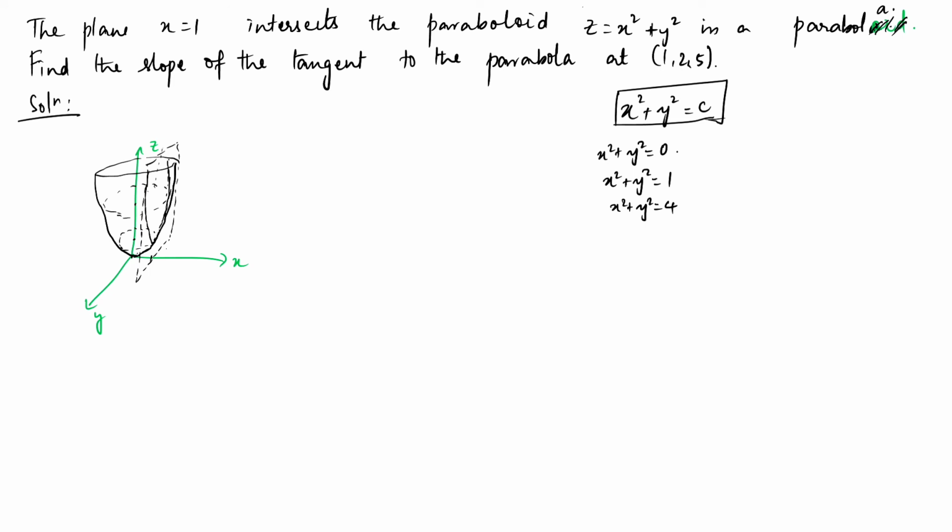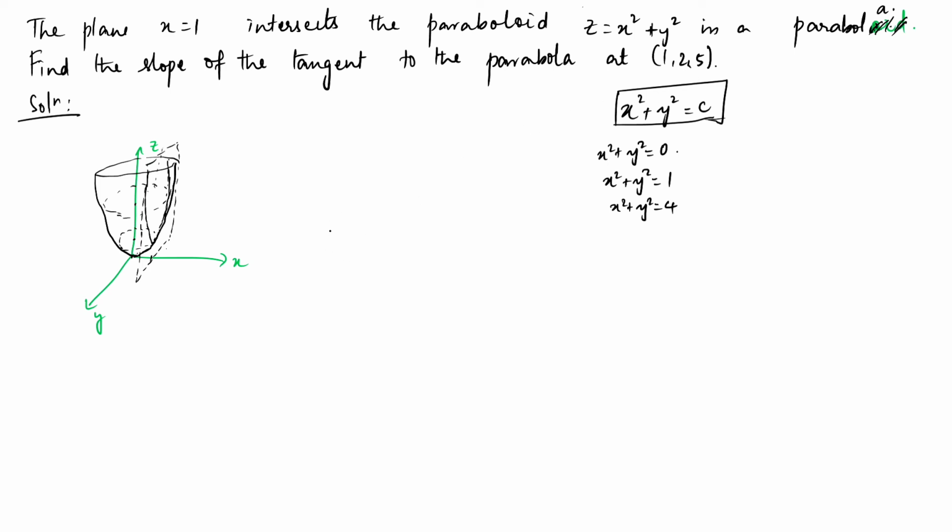The plane x equals 1 intersects the paraboloid and that gives you a parabola. Now you will have to find the slope of the tangent to that parabola at the point 1, 2, 5.